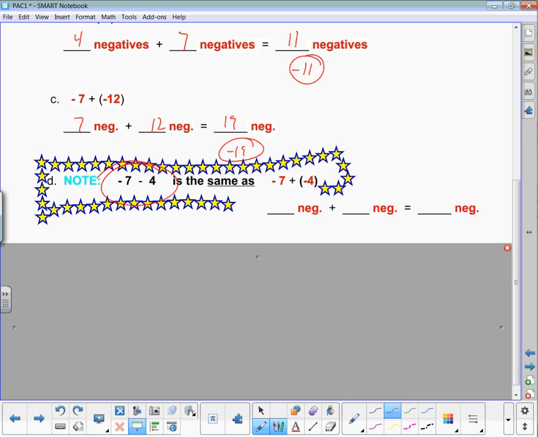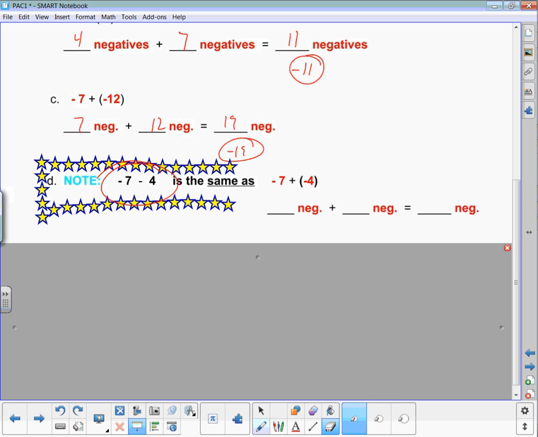When you have a -7 minus 4, a lot of students goof this up. And what I want you to understand is a negative 7 minus 4 is exactly the same as a negative 7 plus a negative 4.